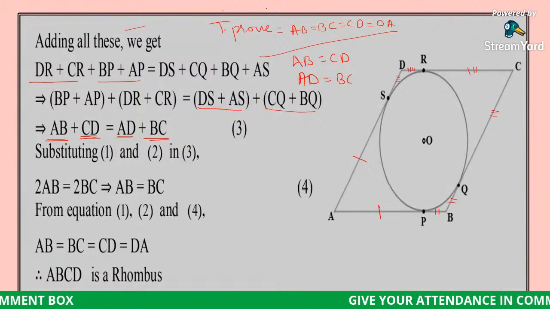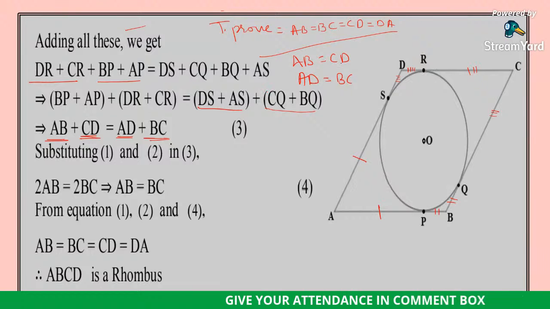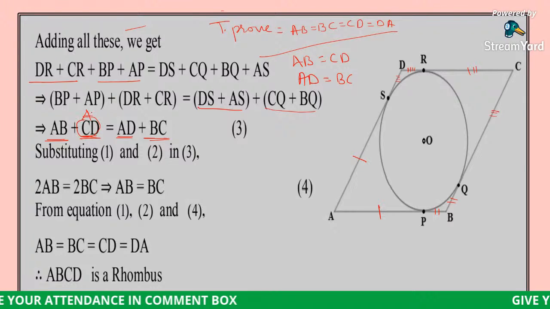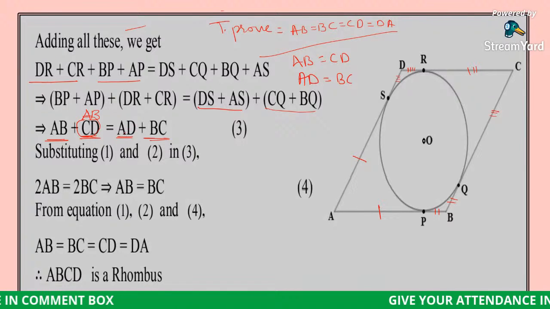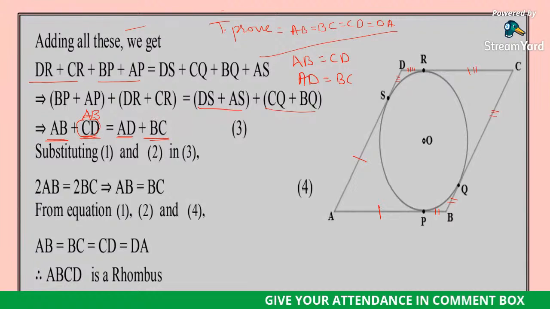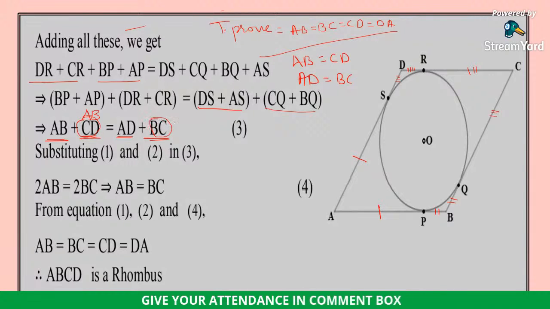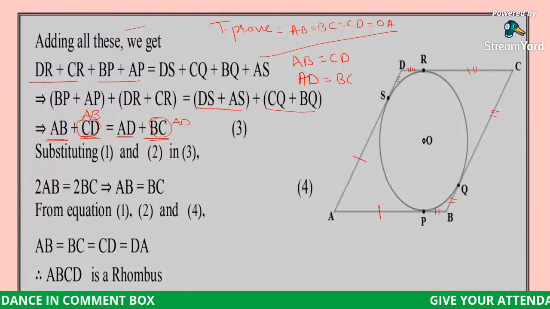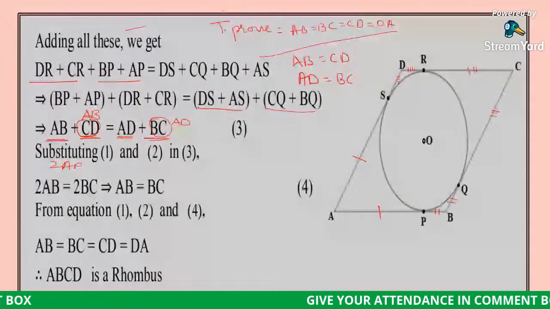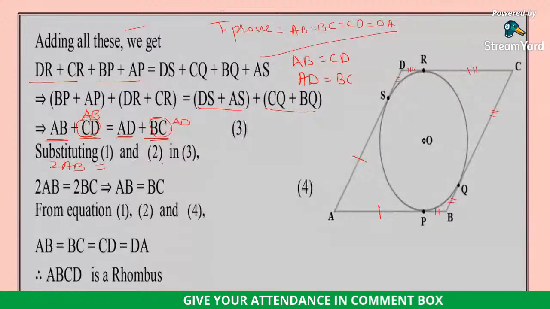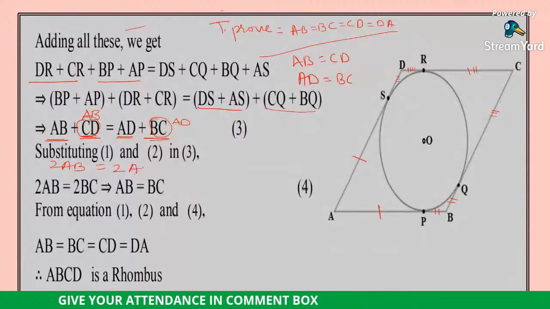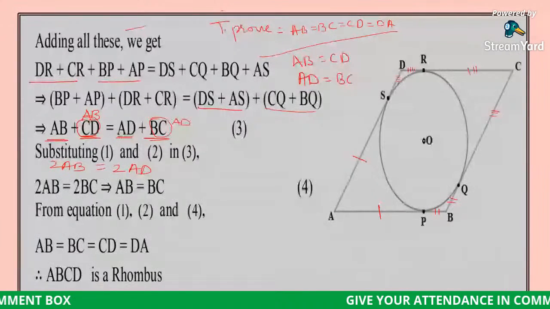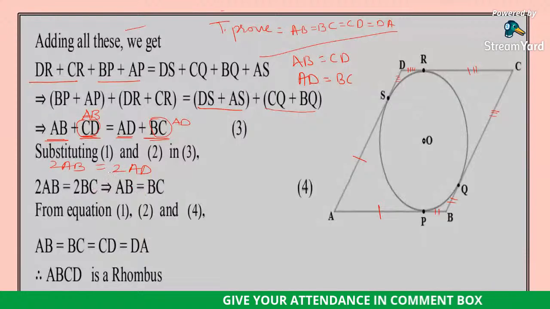Now as it is a parallelogram, as it is given, we already know that AB is equal to CD, right? We have written here also. AB is equal to CD means in place of this CD, you can replace it as AB. AD plus BC. In place of BC, you can write it as AD again, because opposite sides are equal. Then we get 2 times of AB is equal to 2 times of AD, or if you replace AD by BC, then you will get 2 times of BC. 2 will get cancelled.